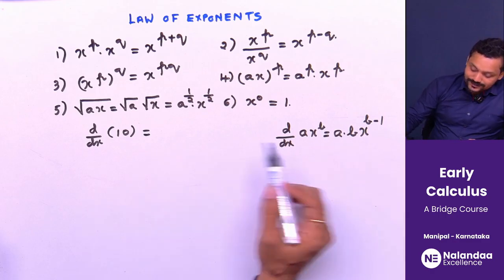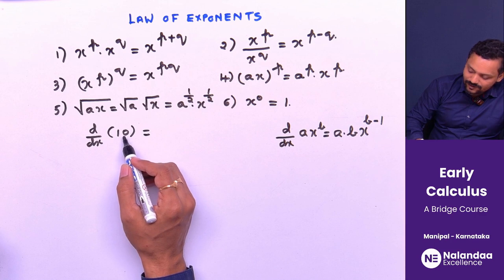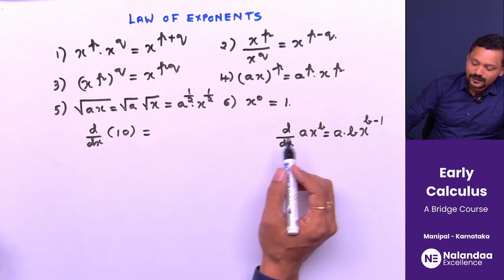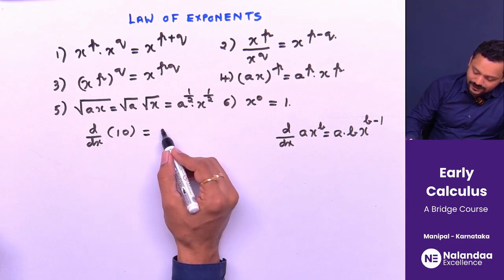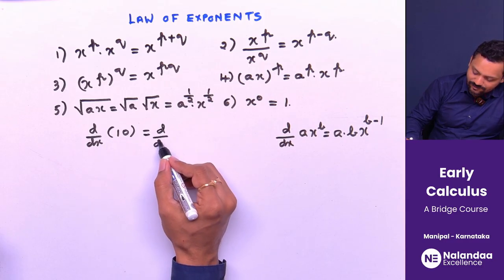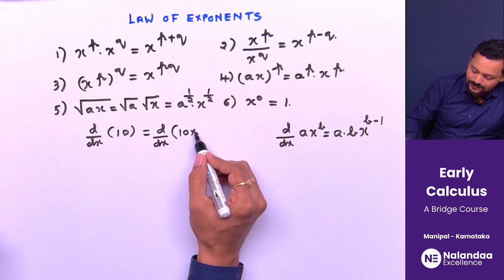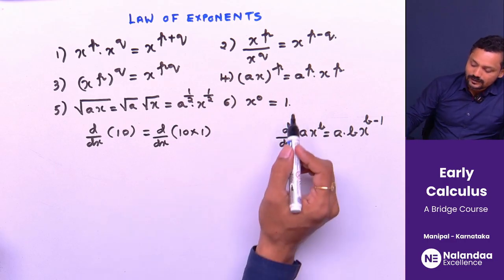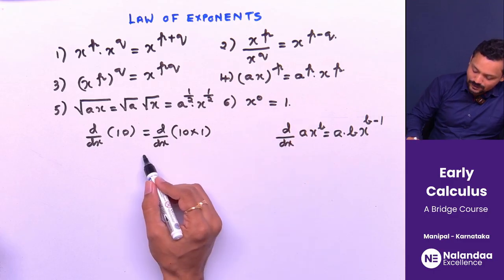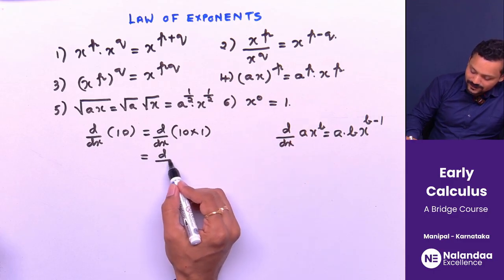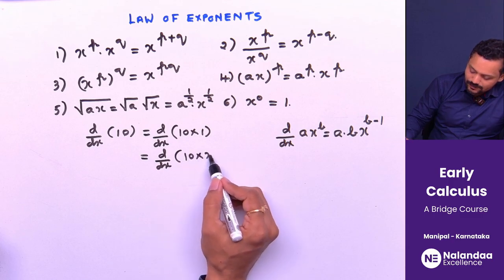Now using this, can we differentiate 10? Now the first question is, is 10 of the form a x power b? Now if you see this clearly, d by dx of 10 can be written as d by dx of, now this 10 can be written as 10 into 1. Now by the law of exponents, 1 can also be written as x power 0. So therefore this can be written as d by dx of 10 into x power 0.